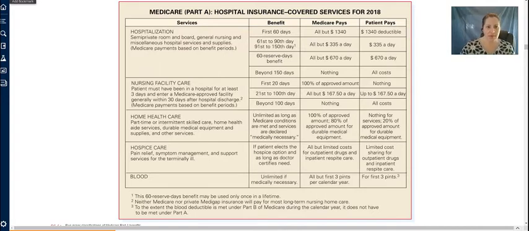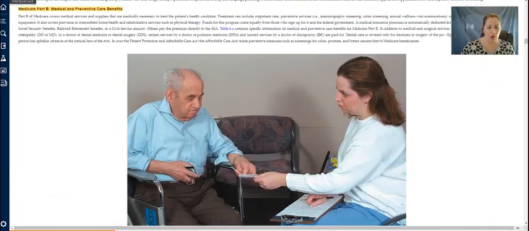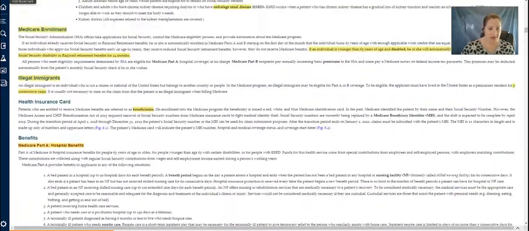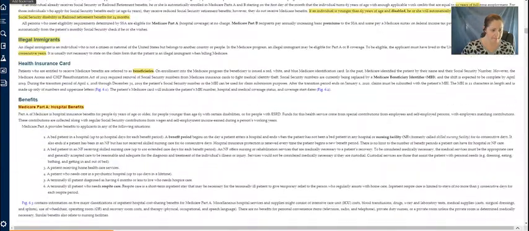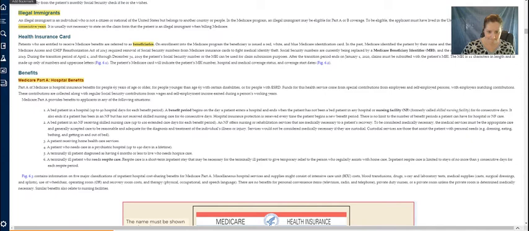I'm going to scroll back to the Medicare Part A, and we're going to talk about a benefit period. Right here. A benefit period starts when a patient checks into the hospital.